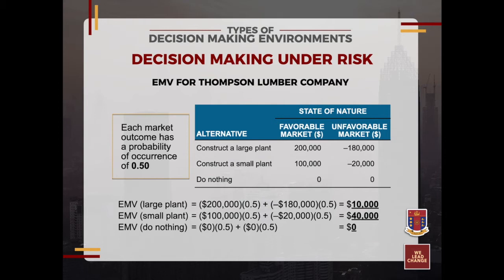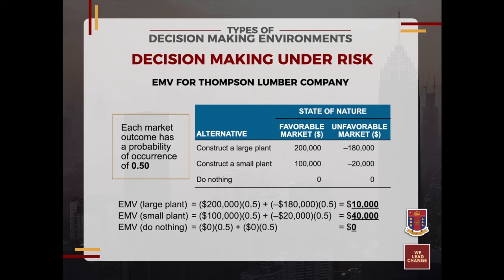Now remember that the formula that we choose is payoff multiplied by the probability of that payoff per alternative. So let's solve first for the construct a large plant alternative. Now the EMV for the large plant is equal to 200,000 multiplied by the probability of 0.5 plus negative 180,000 multiplied by the probability of 0.5. It ultimately gives us the answer of $10,000.